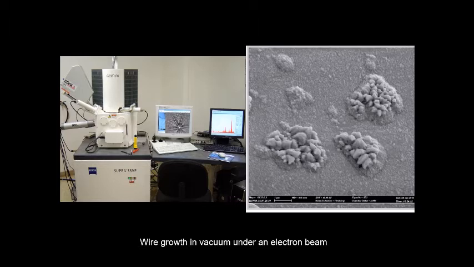And this is done in an ultra-high vacuum so that we know that there's no environment other than the vacuum around the sample. The electron beam is causing silver to migrate towards the surface of the acanthite to be reduced and then to sprout as individual silver crystals or wires, which then coalesce to form an extended silver wire.